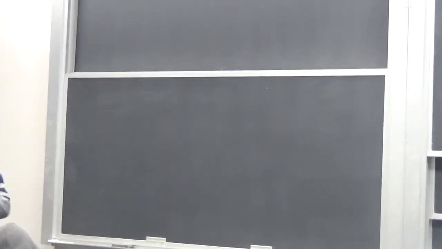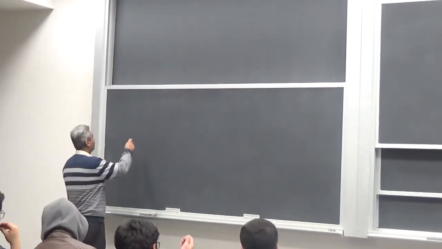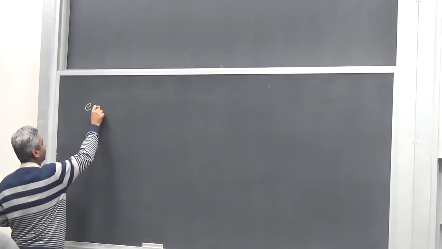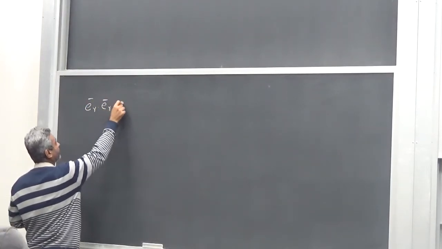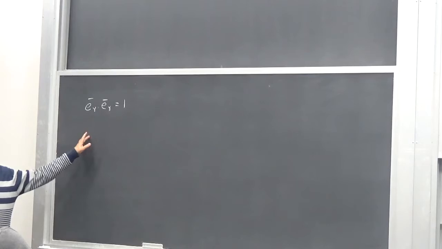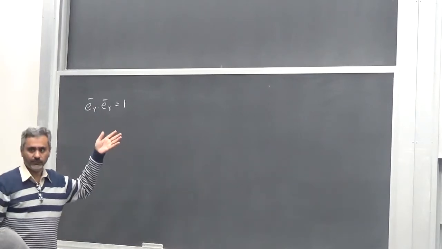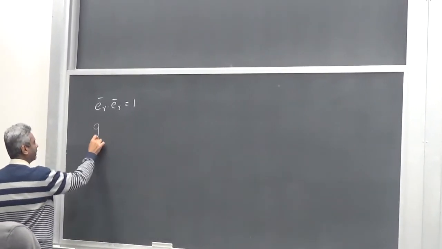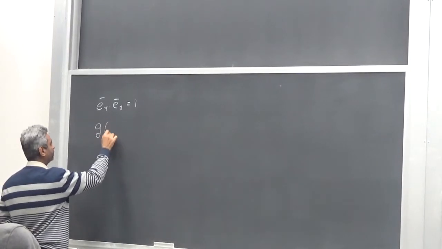Most probably you guys also know. For example, last time we were talking about how this thing is 1, right? How do we know that this thing is 1? We have to use the metric. So the metric, for example, in Cartesian coordinates.